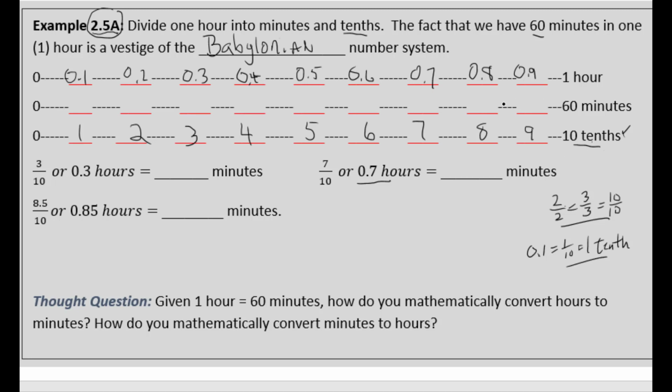So 60 minutes, I've got to cut those into 10 equal pieces. So I can take 60 minutes and I can find 1/10 of 60 minutes. And if you recall, that is exactly the same thing as taking 60 minutes and dividing it by 10, which you would get 6.